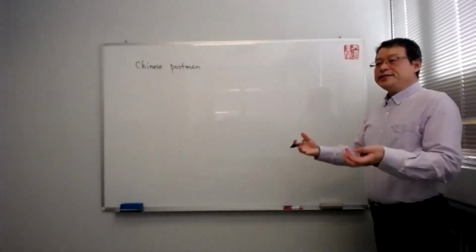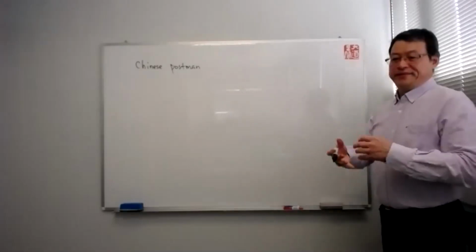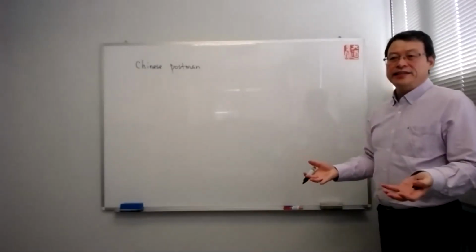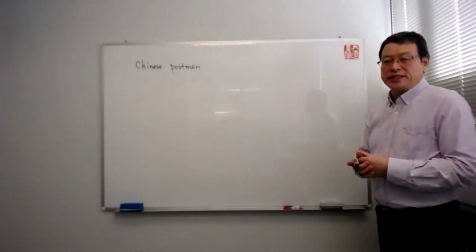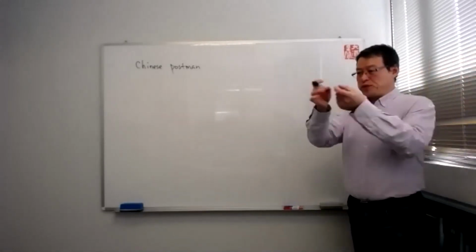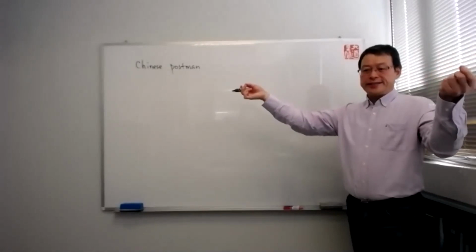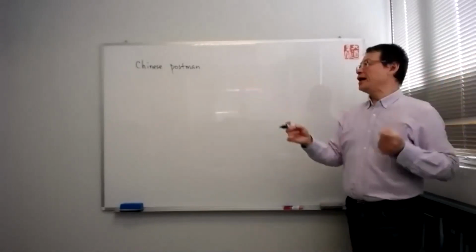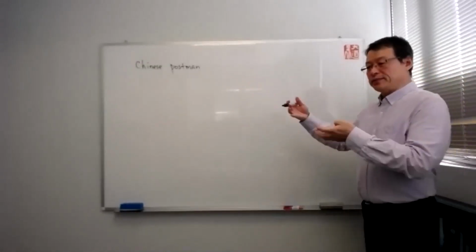Okay, so it's very easy to formulate the problem, because we are dealing with streets. Intersections will be vertices, and each street between two intersections will be an edge. So we can talk about the problem on a graph.